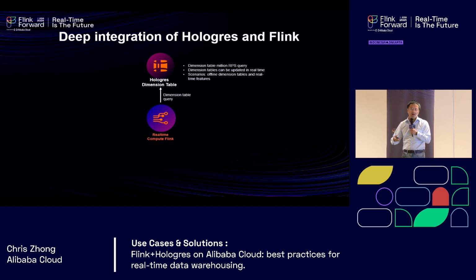In Flink, we usually have dimension join scenarios that require high read performance for the dimension table. Also, because Hologres provides real-time updates for the dimension table, the dimension table data is refreshed quickly and in time.